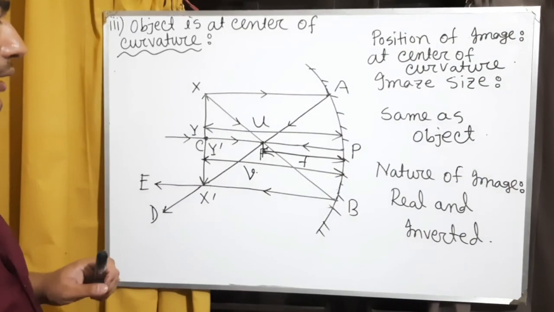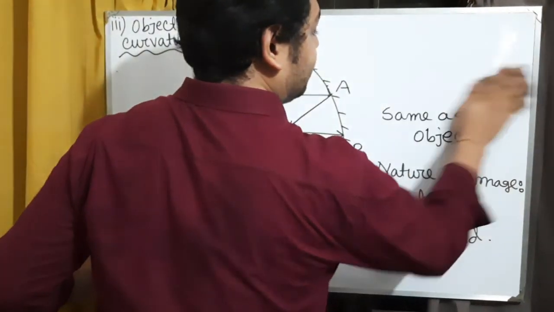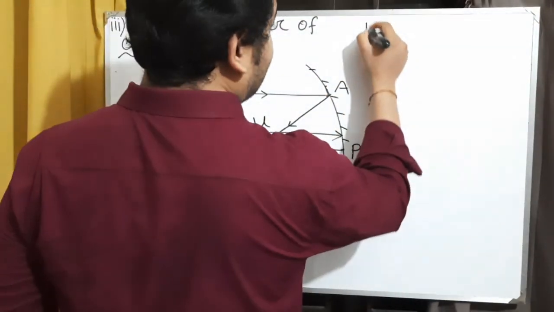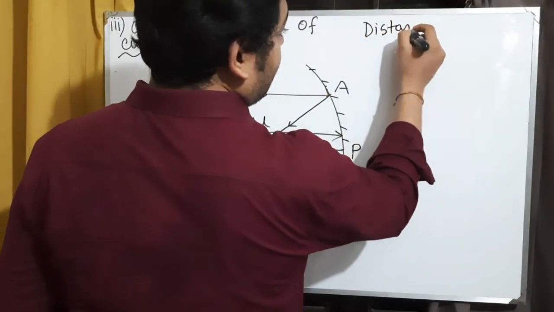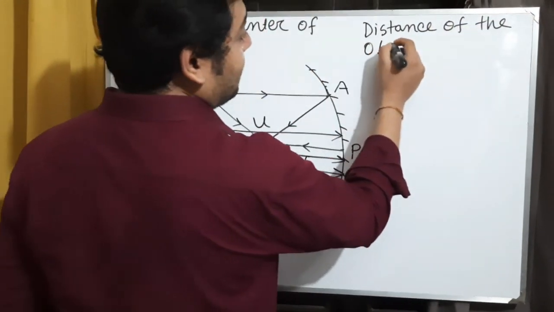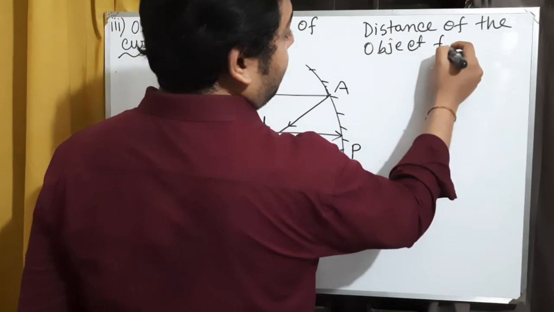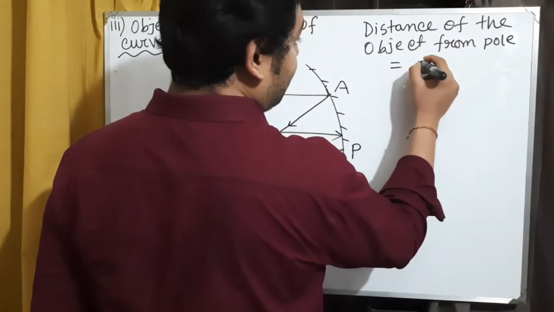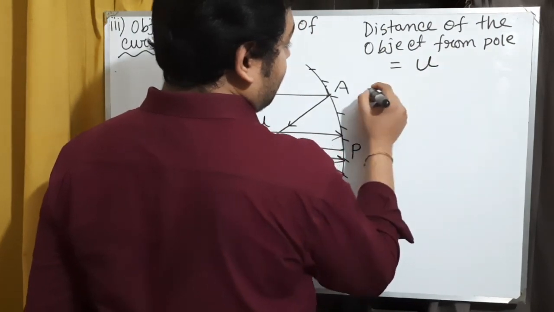The distance of the object from the pole is u.